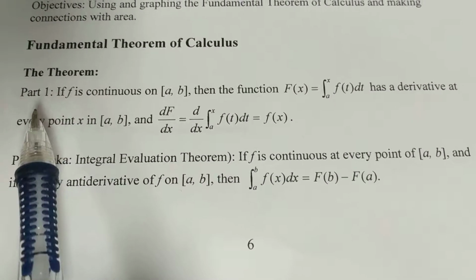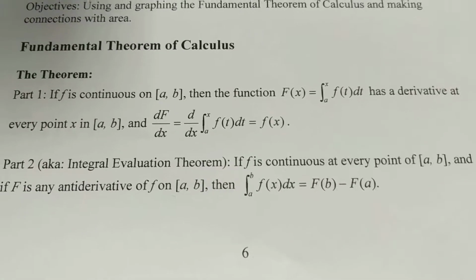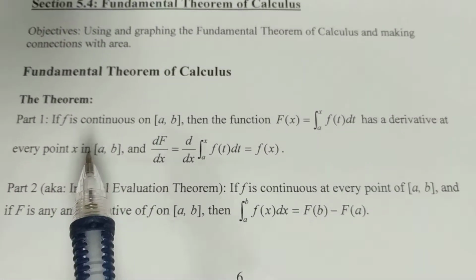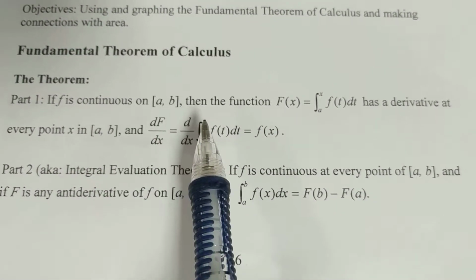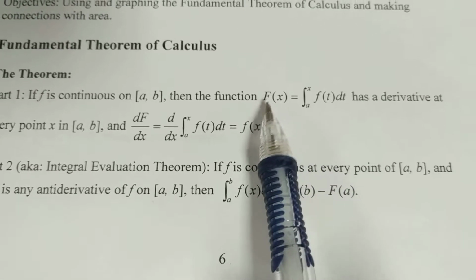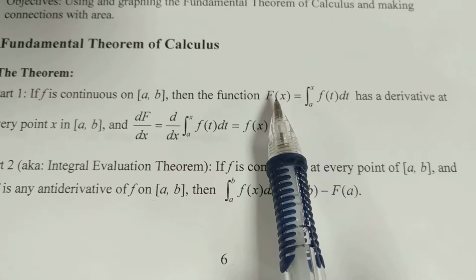Part one is the part that everybody always forgets about and finds crazy difficult, but it's really quite simple. It says if f is continuous on a closed interval from a to b, then the function capital F of x, when you see capital F, we're talking about an antiderivative. We're working backwards.